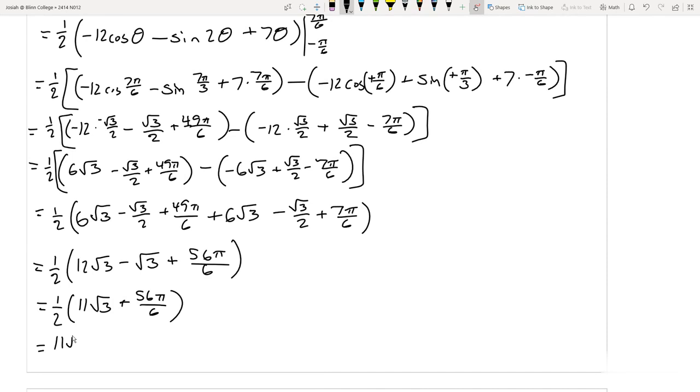So we've got 11 root 3 if we multiply in that 1/2, over 2, plus divide 56 by 2, we get 28 pi over 6, but we actually could reduce this further. So we'll go ahead and do that too. So 14 pi over 3. So 11 root 3 over 2 plus 14 pi over 3, and this will be square units.